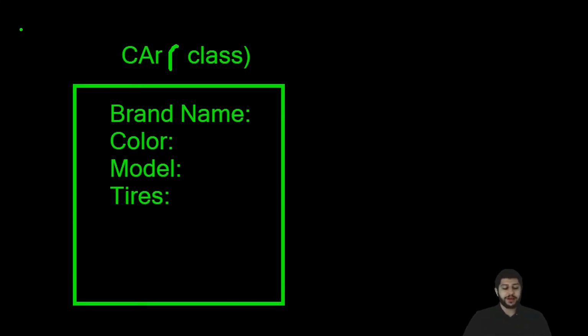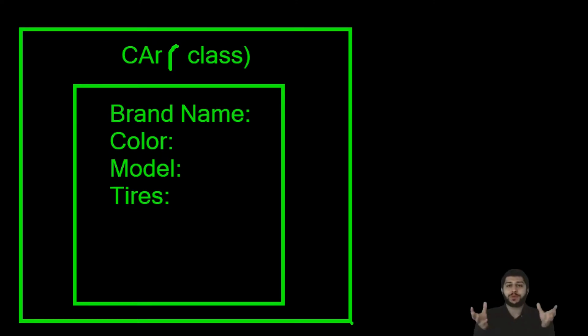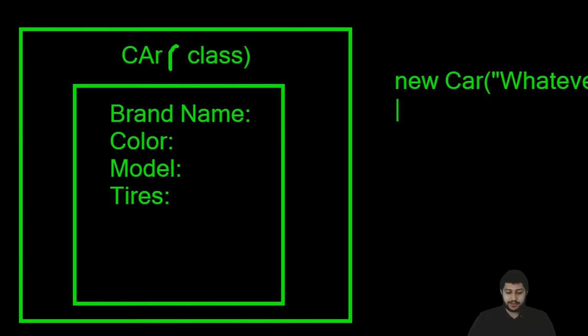Okay, so having a class is just an abstract template. And from this abstract template, we can derive many concrete examples of cars. So we can say, I want to create a new car that has brand name of whatever, it has color of red, it has model XS, and it has 4 tires.